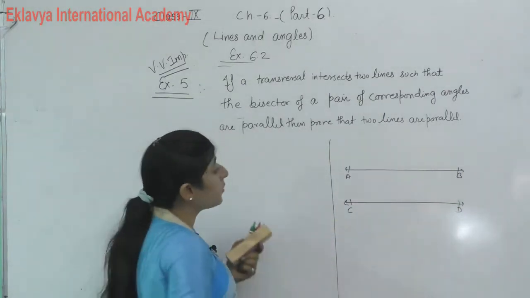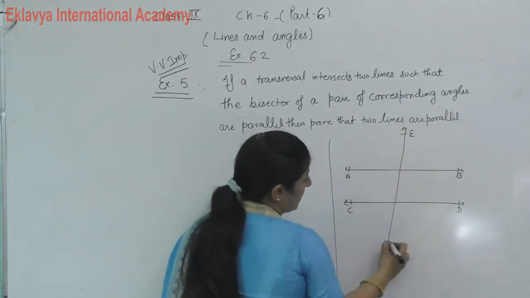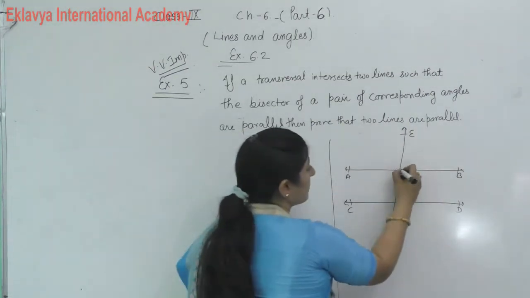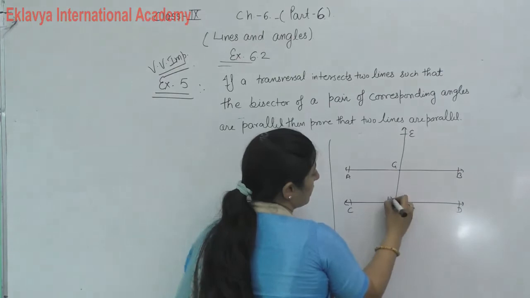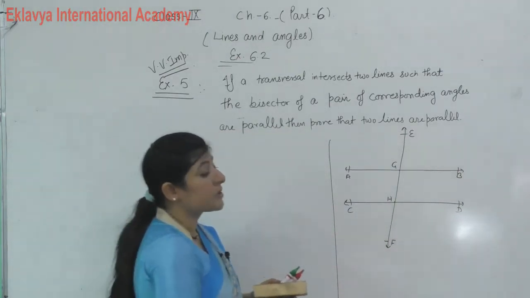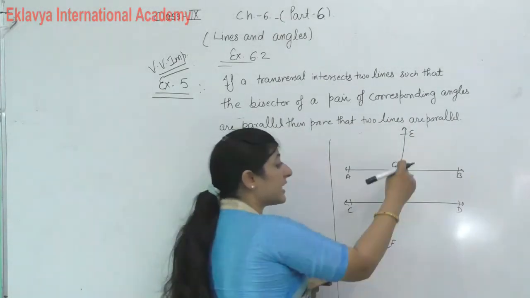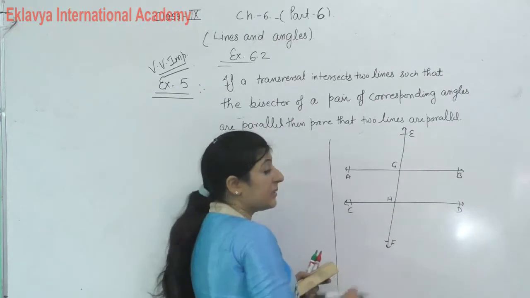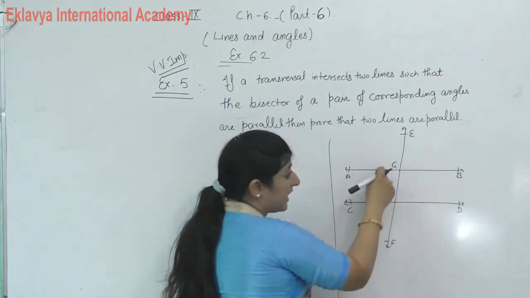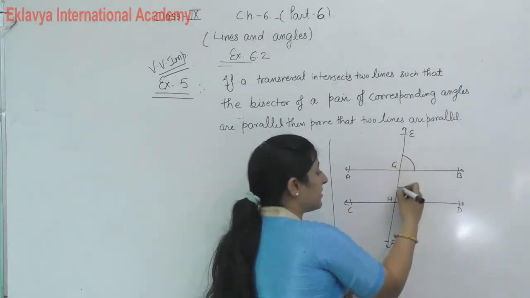AB and CD are two lines, one transversal EF intersects at two points G and H. Bisector of a pair of corresponding angles. Which type of corresponding angles? This one pair of corresponding angles, and this one pair. Bisector of corresponding angles.